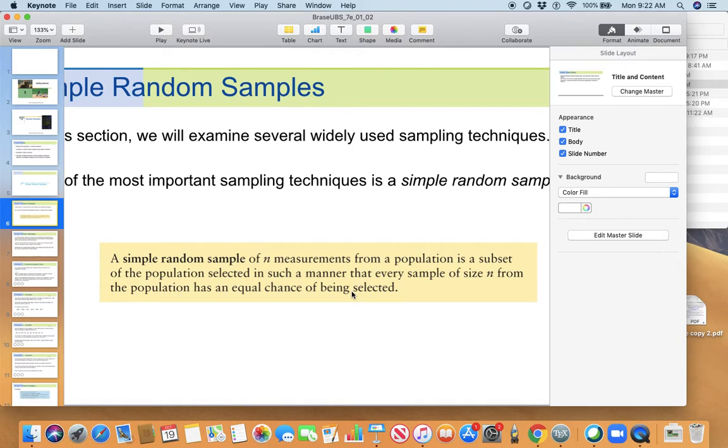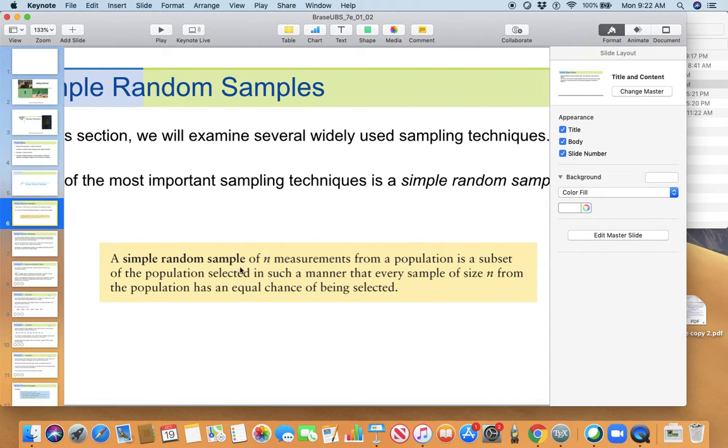If I select 20 people randomly, truly randomly, then there should be absolutely no bias involved. That's what random means. In other words, the chances of me selecting one group of 20 people must be the same as the chances of selecting some other 20. All right? So that's what it means.